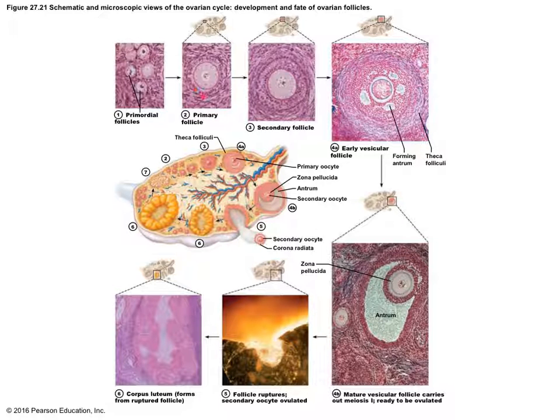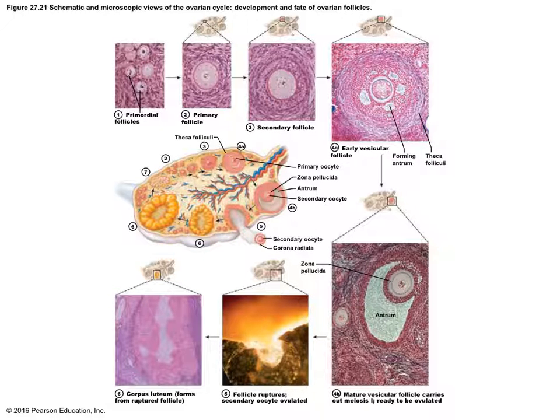Those cuboidal follicular cells are going to change into a stratified epithelium. So it's starting to thicken around the oocyte in the interior of the follicle. Then that secondary follicle is going to develop to the vesicular follicle, which has this antrum, which is a fluid-filled space here, which is beginning to form in the early vesicular phase.